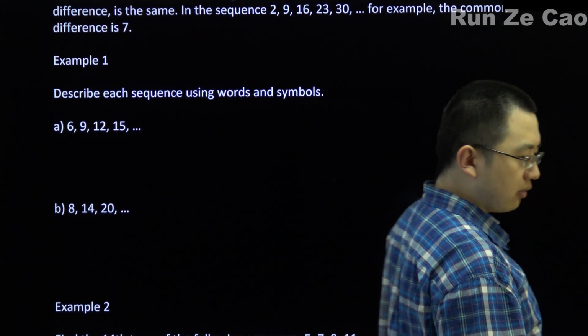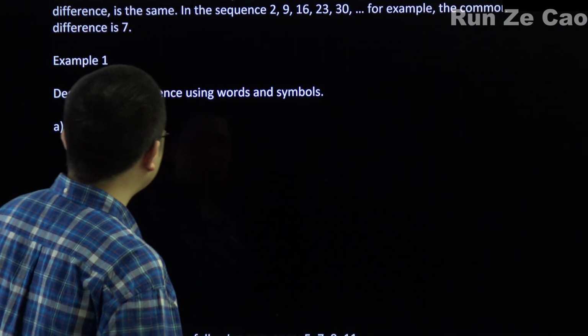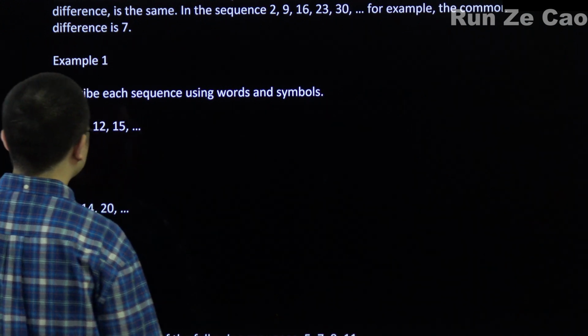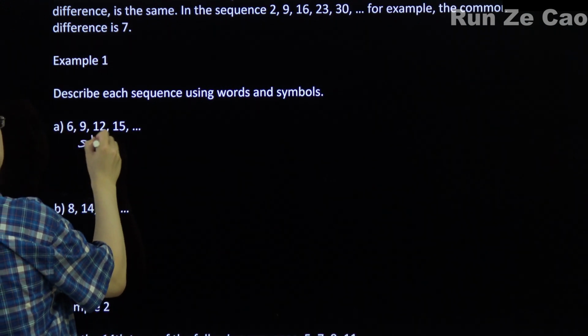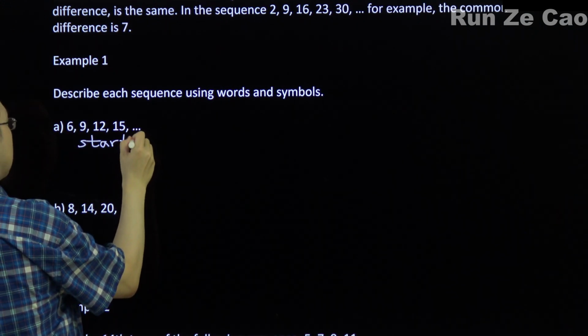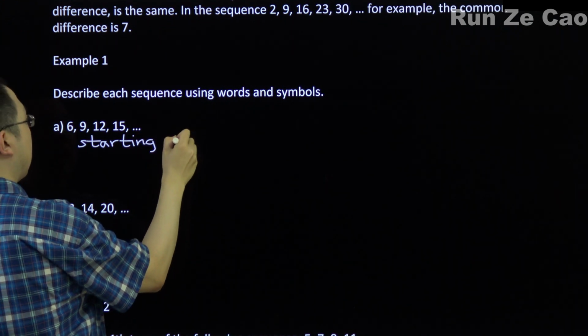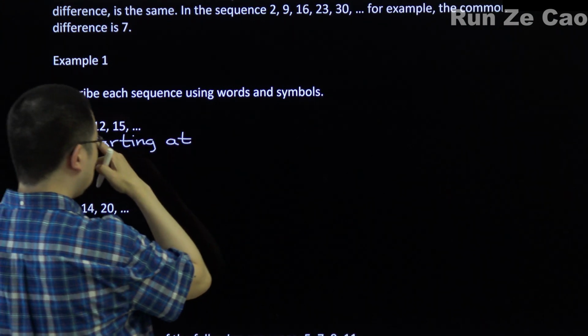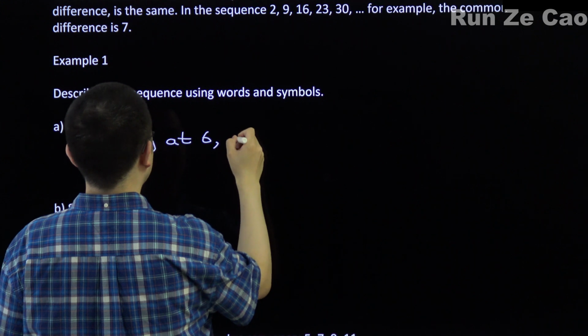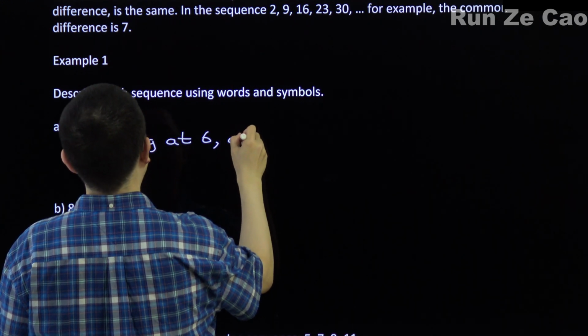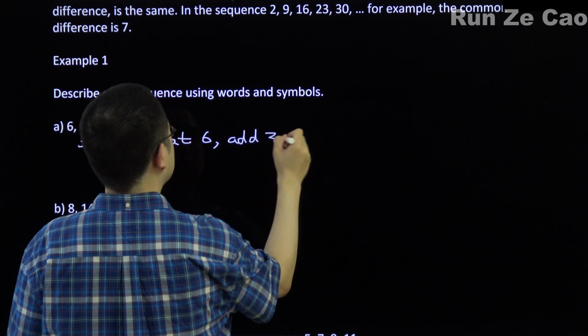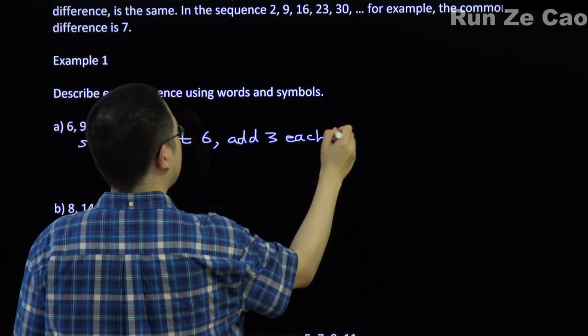Describe each of these sequences using words and symbols. In words, starting at 6, add 3 each time.